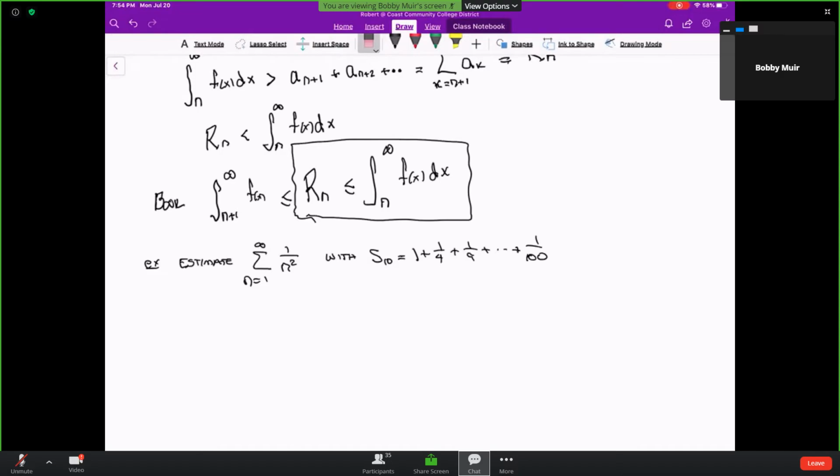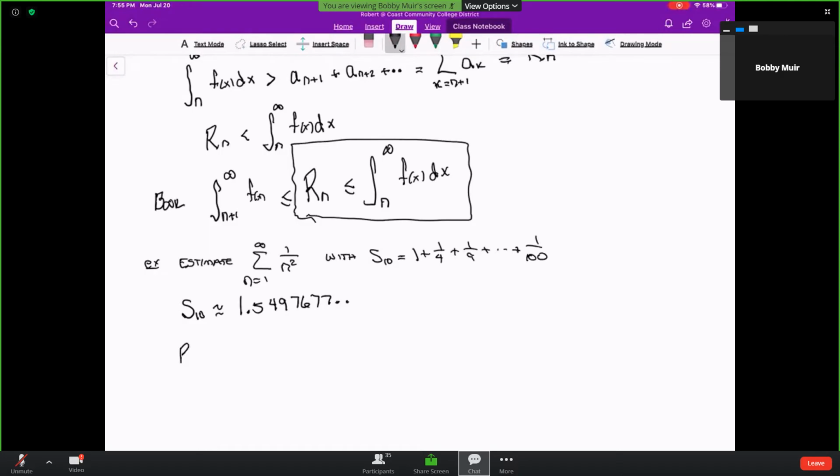So S10 on my calculator is roughly 1.5497677, and it just keeps going.